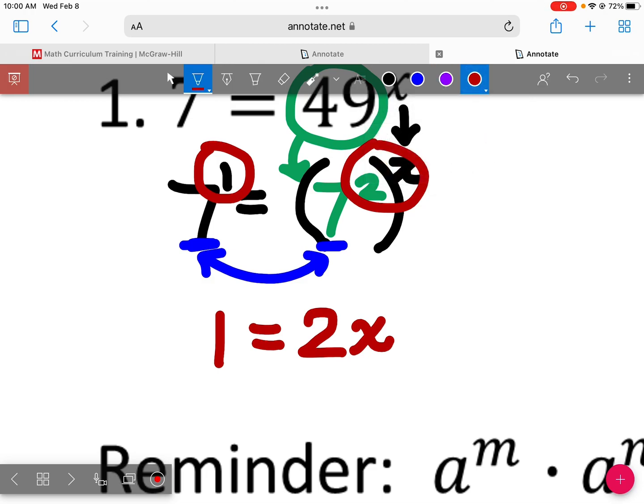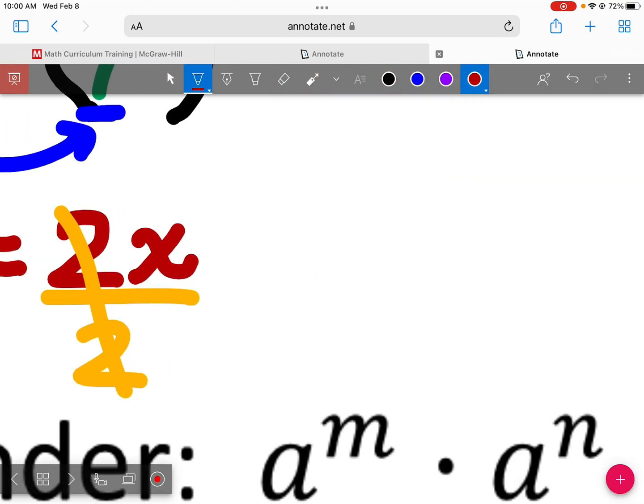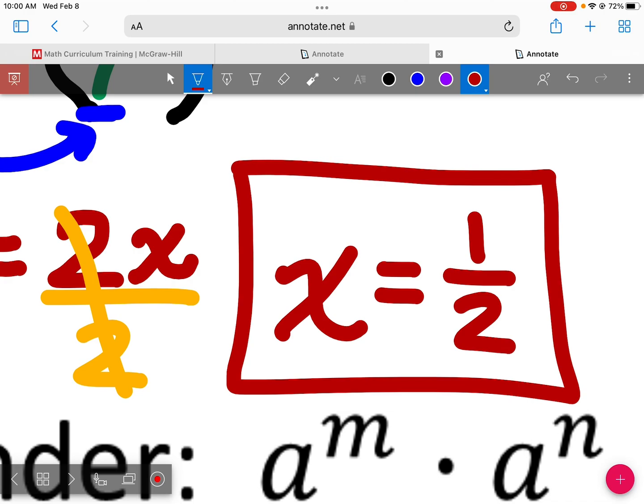How would I solve that now? How do I get x alone? Divide both sides by 2. So x is 1/2. Beautiful.